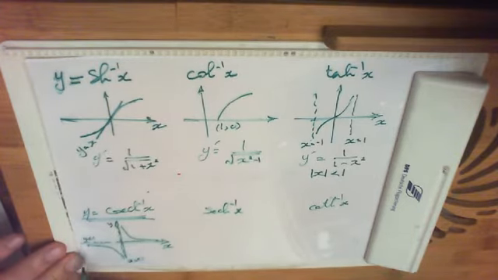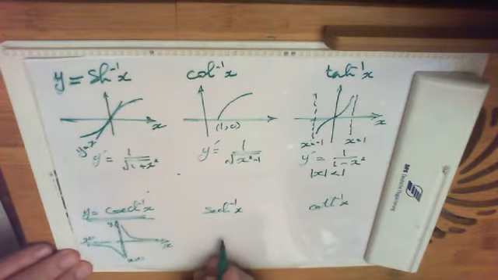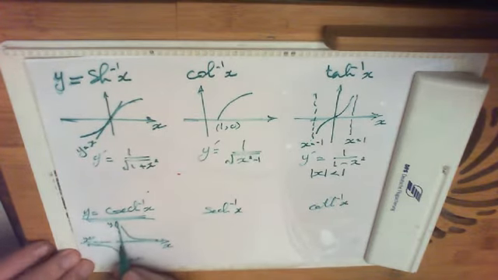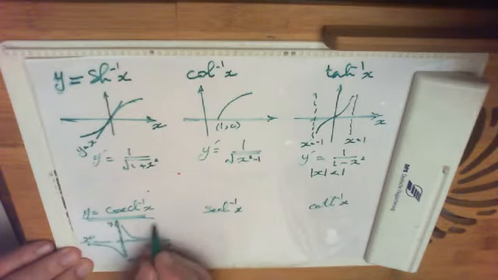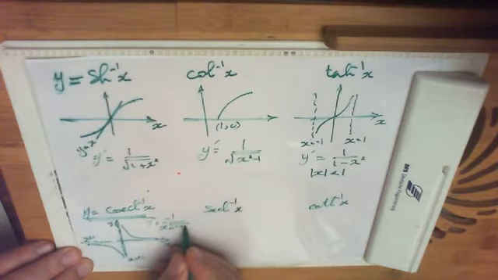As you see, its domain is from minus infinity to infinity, and 0 is not included, and also its range is from minus infinity to infinity, and 0 is not included. This is an odd function and has no periodicity. Its derivative, if you remember, was y dash equals minus 1 over x times square root of 1 plus x squared.